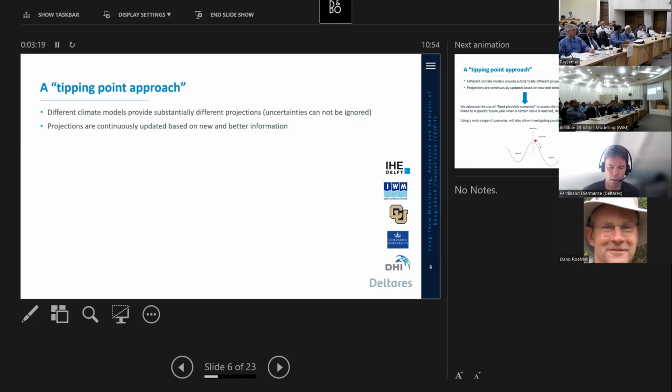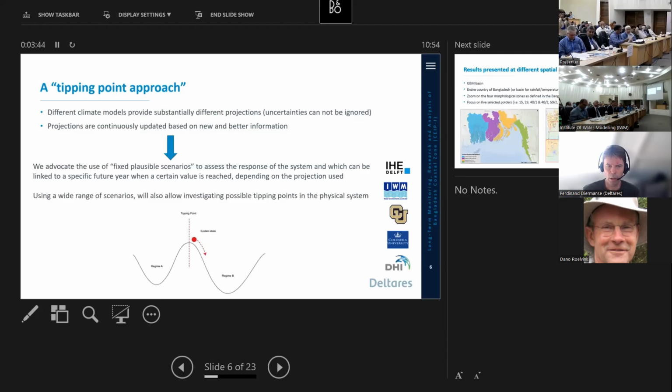And then to analyze what impacts that may have on the system under consideration, the Bangladesh Delta, in this case the GBM Delta. And then the next step would be, looking at these scenarios, when could those changes potentially occur, to have at least some idea of the time that you may have to adapt. And that's schematically shown over here.